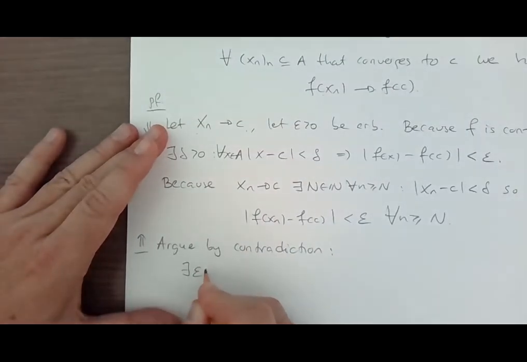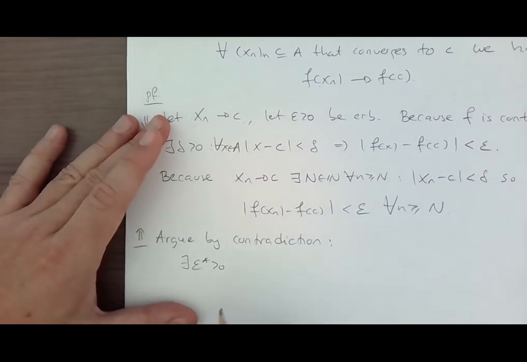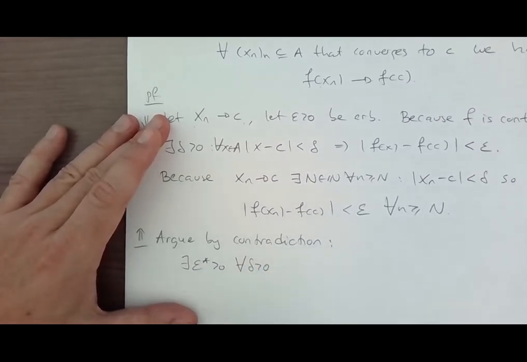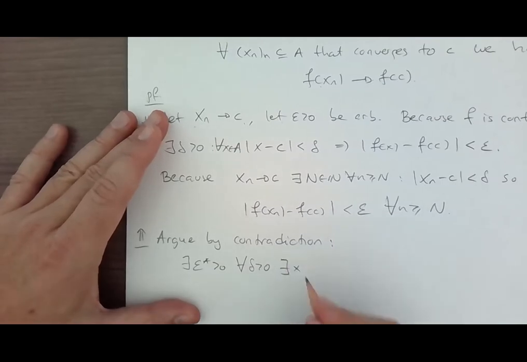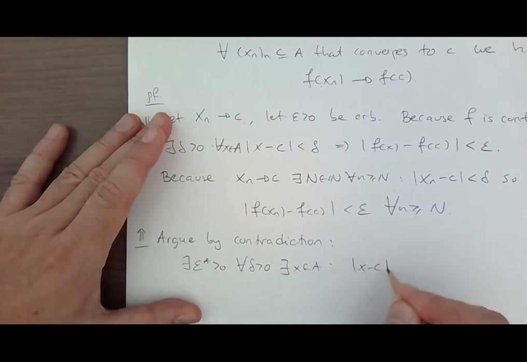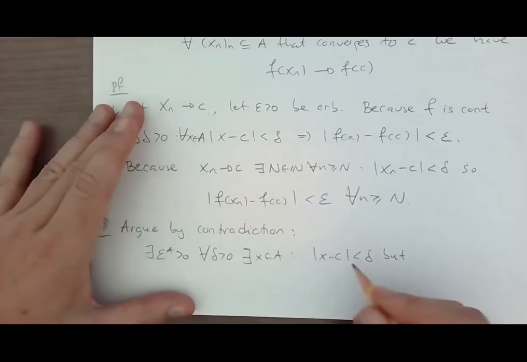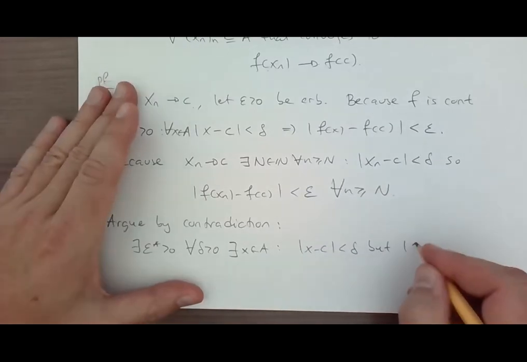So that means that there is some epsilon such that for any delta, we can find an x in the domain such that x is close to C, but the image values are not close.